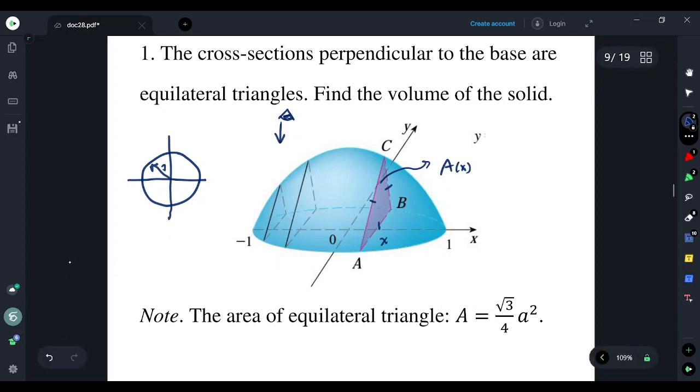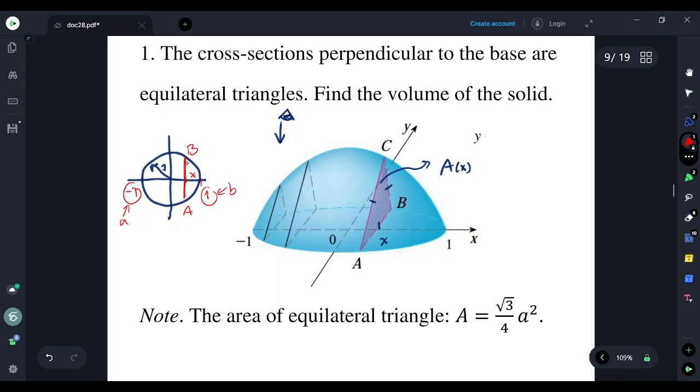According to this description, when I cut the solid at number x and look at the base, we see one side. This is actually the side AB in the figure. The x goes from -1 to 1, right? So this is the AB to be integrated.